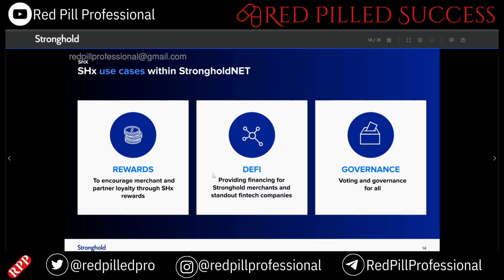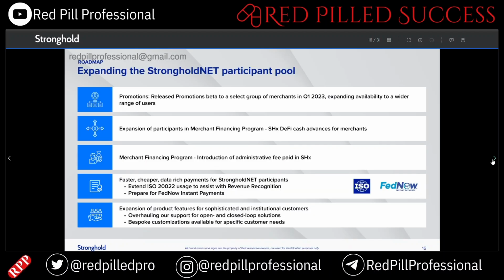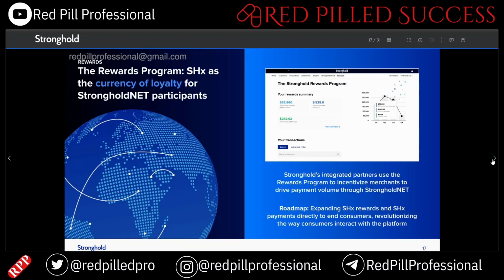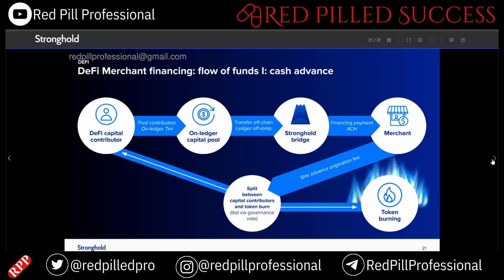So you've got rewards, DeFi, and governance that all run on SHx. This isn't what I wanted to show. It's a little bit, it's almost here. Yeah. So here is the DeFi merchant financing.